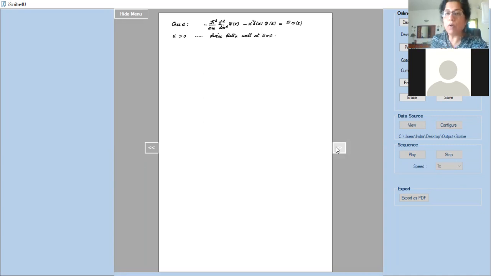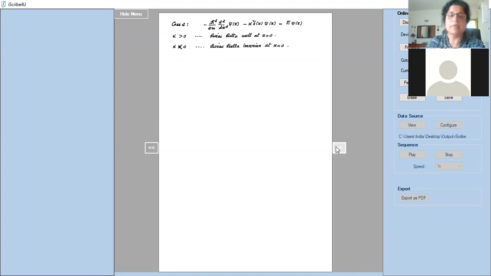Okay, so now what we are going to consider, I will not solve it in complete detail, is alpha less than 0, which means now you have a Dirac delta barrier at x is equal to 0.